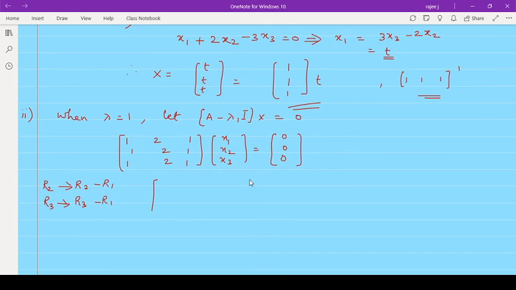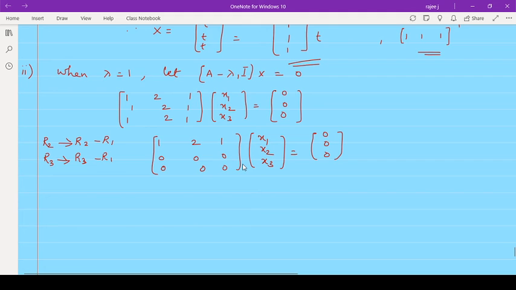So that is 1, 2, 1, 0, 0, 0, and again 0, 0, 0 of x1, x2, x3 equal to 0, 0, 0. So now here the rank is 1, n is 3.